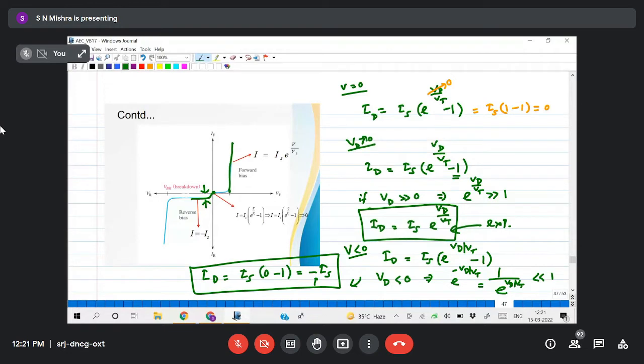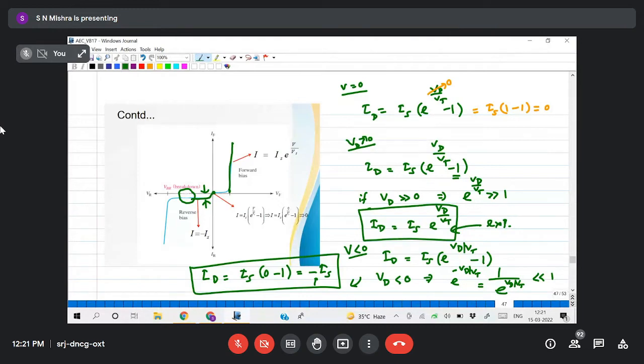This is your Is. And you can see some dotted mark is given here. That means there is some break in this line. It is not continuous because I don't know at what voltage the breakdown will start. It depends upon the condition, the type of diode, and the material used, like silicon, germanium, or any other type of semiconductor.